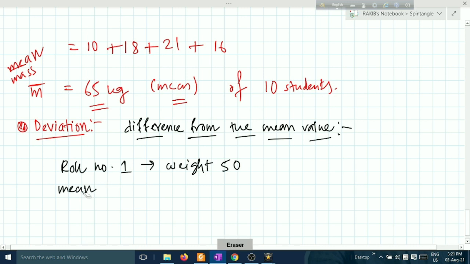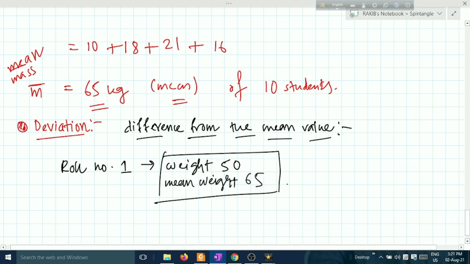Mean weight is 65. There is a 15 kg difference between the weight of roll number 1 and the mean weight of the class. This is called the deviation.